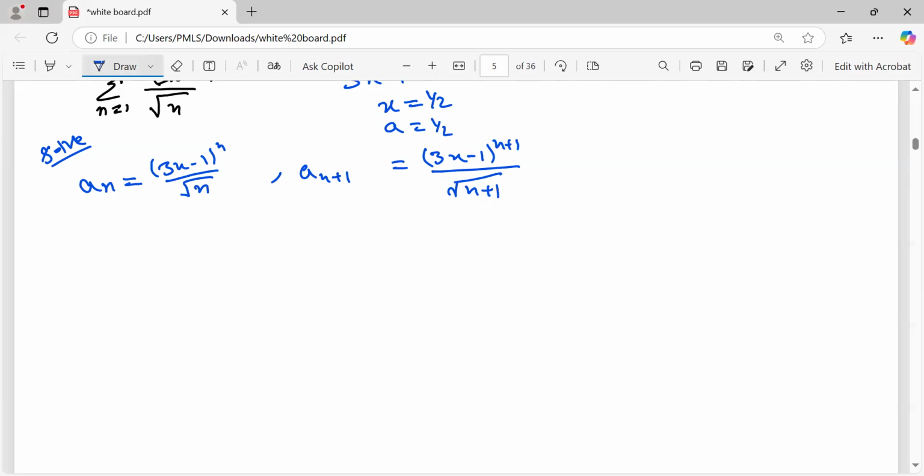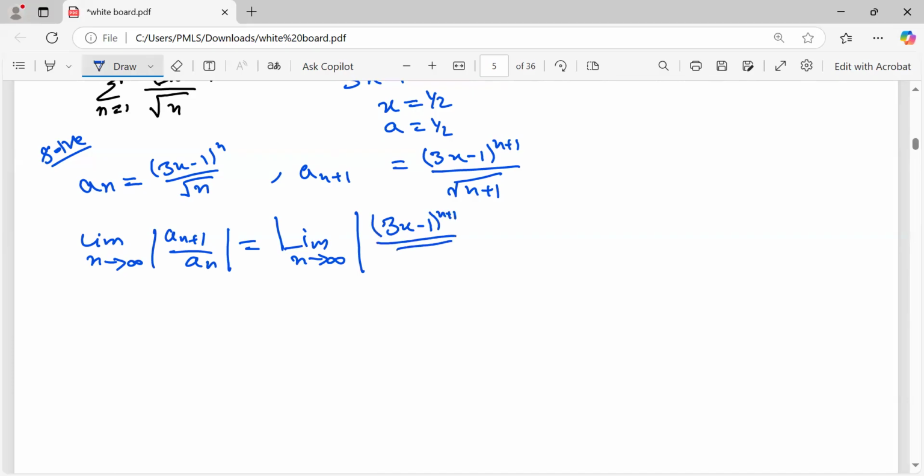So when we apply the ratio test, the absolute value of an plus 1 over an becomes: limit as n approaches infinity of (3x minus 1) raised to power n plus 1 over square root of n plus 1, times the reciprocal of this expression, that is square root n over (3x minus 1) raised to power n.